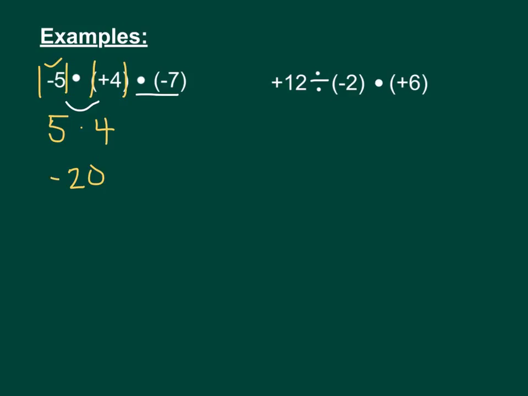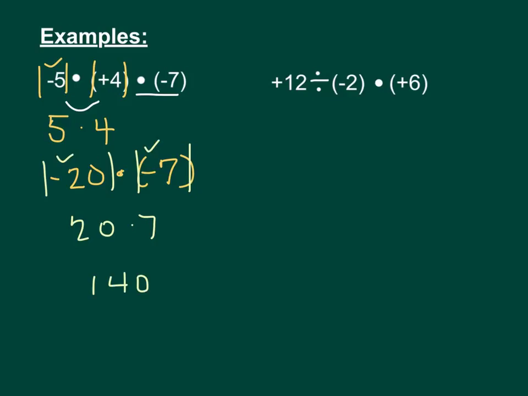So I have my negative sign times negative 7. Find those absolute values. I've got 20 times 7, which is 140, and I've got 2 negative signs, which makes my final answer positive. Now what I could have done is simply gone right through, done the multiplication, and then gone back and counted 1, 2 negative signs and still known that it was positive.